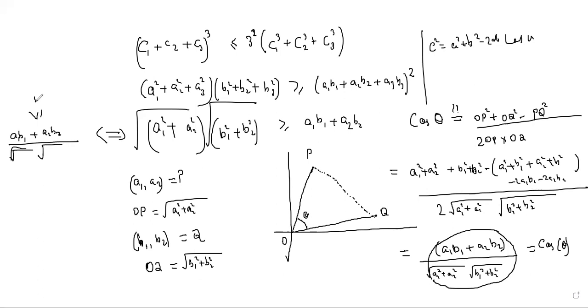You see, that's the same thing. And that is the quantity that we've got here in the end. Can we say it is less than 1? We want to say it is less than 1. Can we say that it's less than 1? It is equal to cos theta, some theta. So what do you know about cos theta?